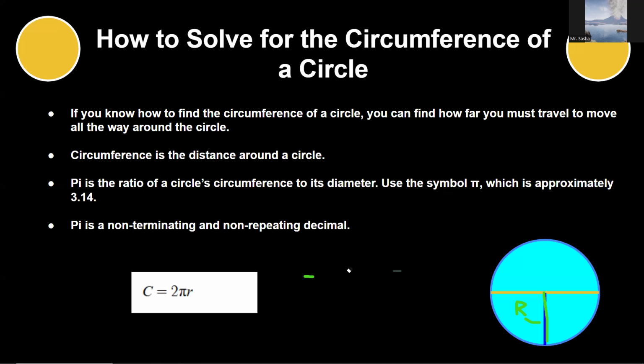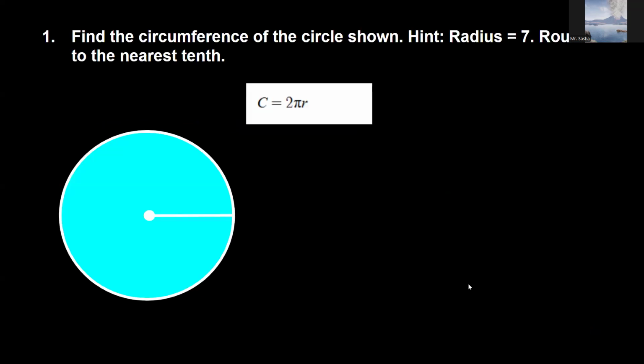Now let's move on, and remember to use this formula. Now we're moving on to the problems. This one says, find the circumference of the circle shown.